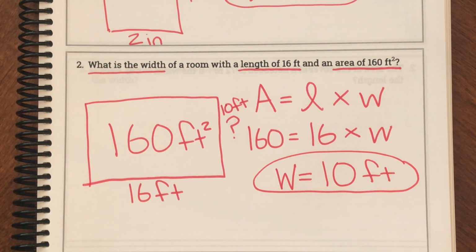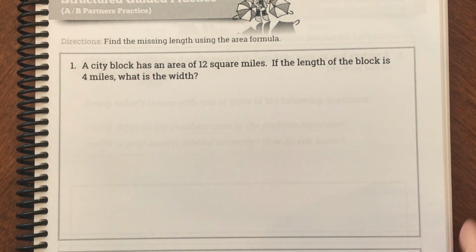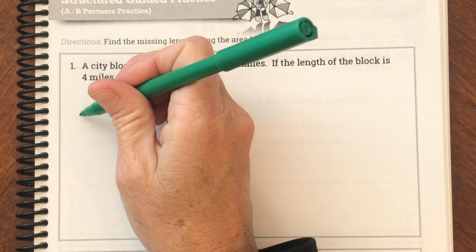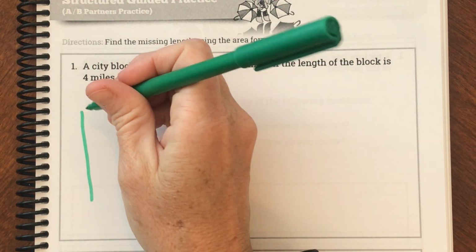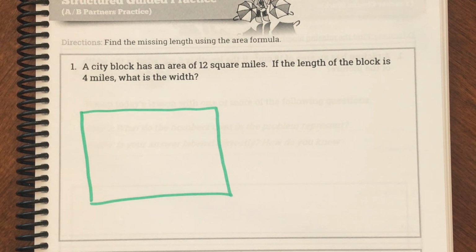Okay, let's try some of these together. We are on page 42. And here's our first problem. It says a city block has an area of 12 square miles. If the length of the block is 4 miles, what is the width? Okay, so let's draw it. Let's use like half of our space to draw our picture. Here's my rectangle. What do we know?